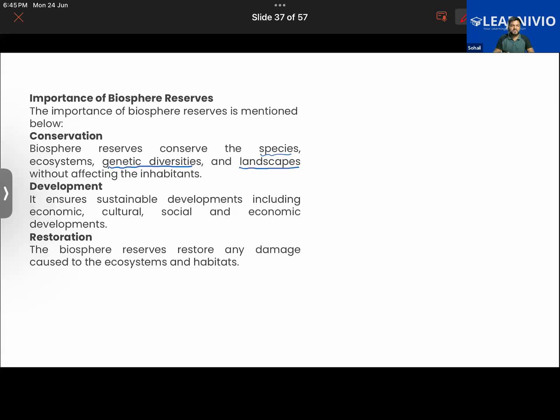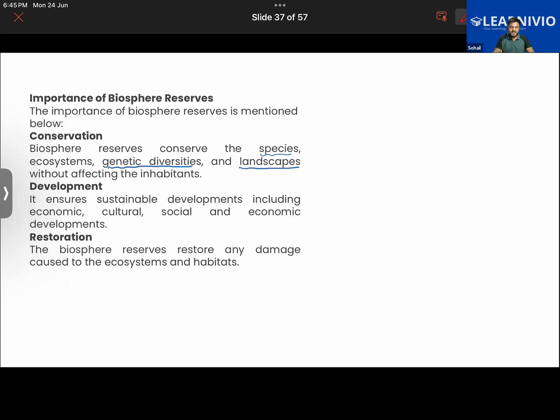So it is not just protecting the plants and animals, but also protecting their landscape, protecting the land from pollution or exploitation, right? That is what conservation in biosphere reserves talks about here.